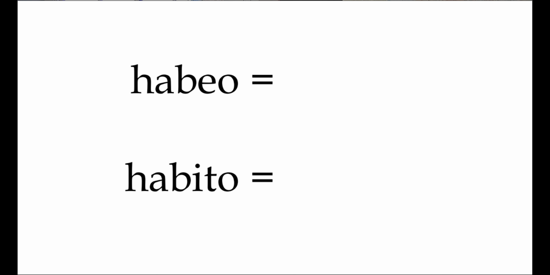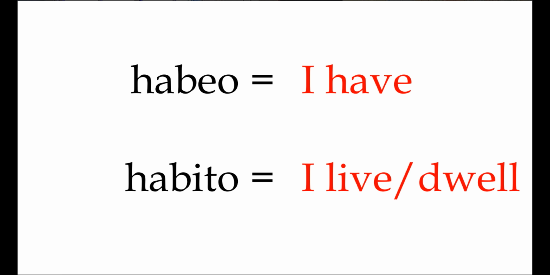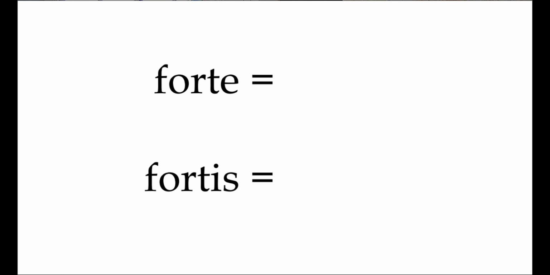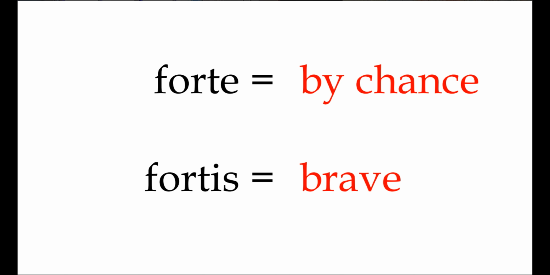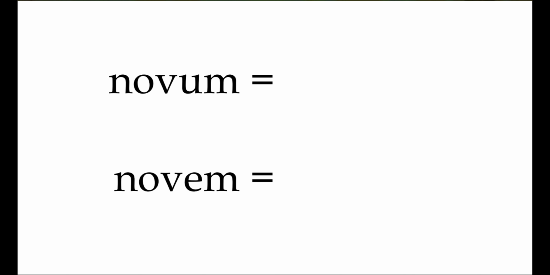The next two will almost always catch somebody out. Habeo and habito. Watch out. Habeo means I have. Habito means I live, like the French j'habite. And then forte and fortis. This one means by chance, and this one means brave. Novum is new, and novem is nine.